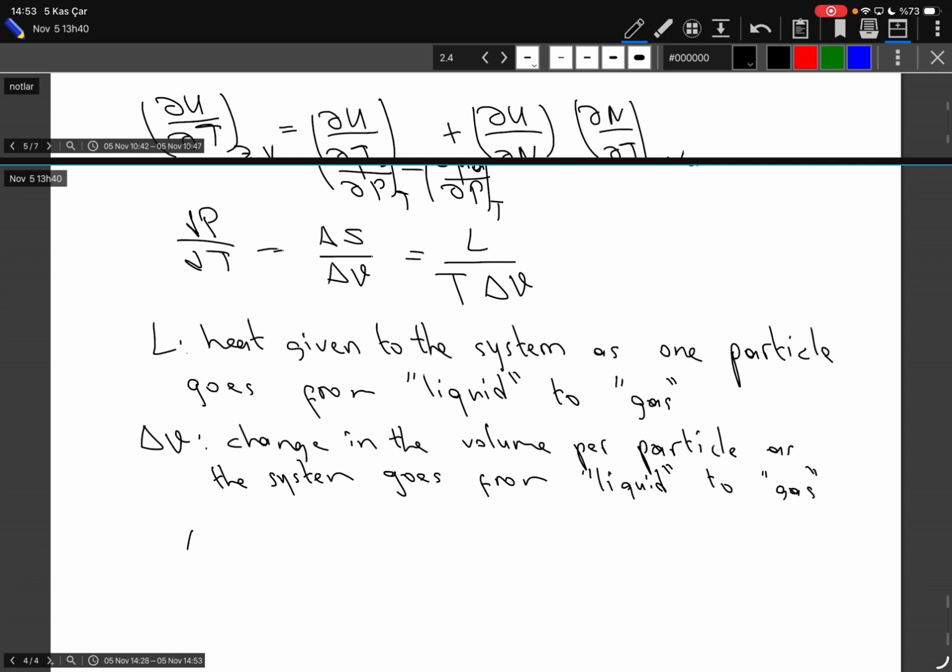So in general, delta V would be positive. L will be positive. As you go from liquid to gas, delta V will be positive, L will be positive. You have to give heat during this phase change.